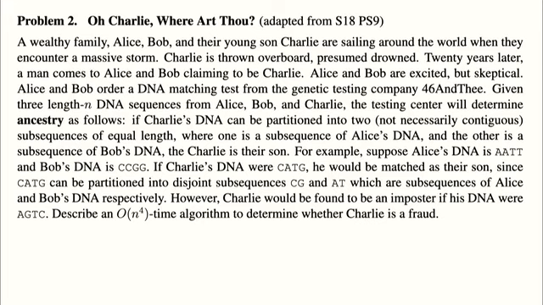Okay. Alice and Bob are excited but skeptical, and they order a DNA matching test from the genetic testing company 46&V. Given 3 length n DNA sequences, basically strings of CGTA or something like that, from each of Alice, Bob, and Charlie, the testing center will determine their ancestry as follows.